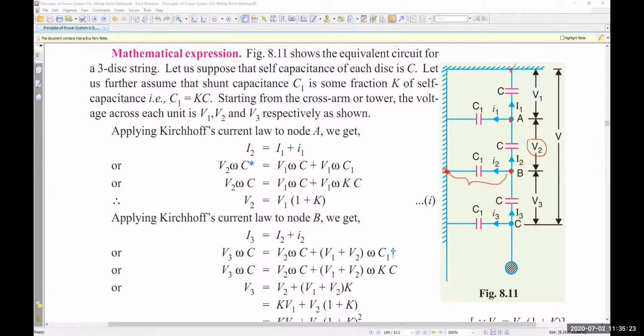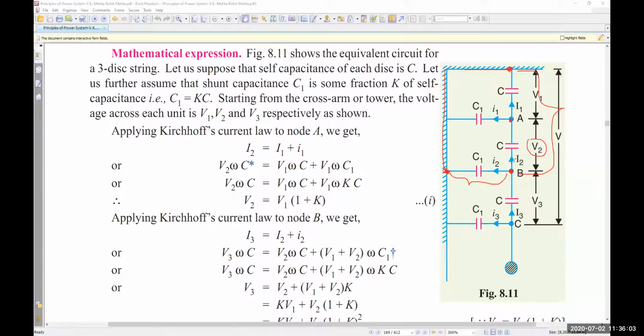Previously, we have seen this point and this point are the same. But in this case, these and these are not the same. Rather, this point and this point are the same, because they are part of the tower. So for I2, this voltage and this voltage are the same.